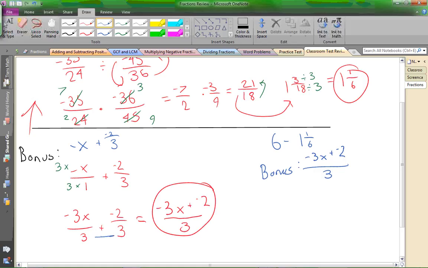And the reason I kept the same denominator is just because if you put those two together, it would be like saying times 2. 3 plus 3 is the same as doing 3 times 2 equals 6.